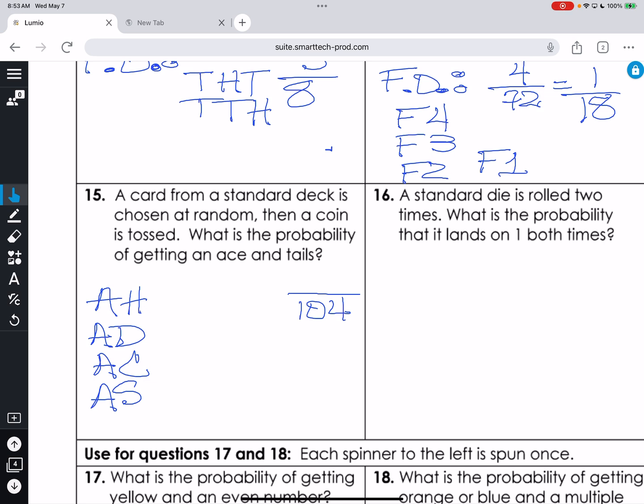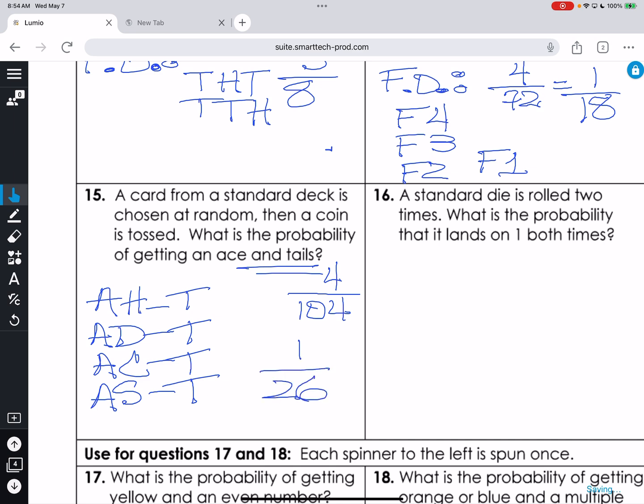Heads or tails? And we want it to be tails. So a tail. How many options did we have? 4. That's right. So do you see how we got the 4? So what would be our simplified probability of having an ace and tails?